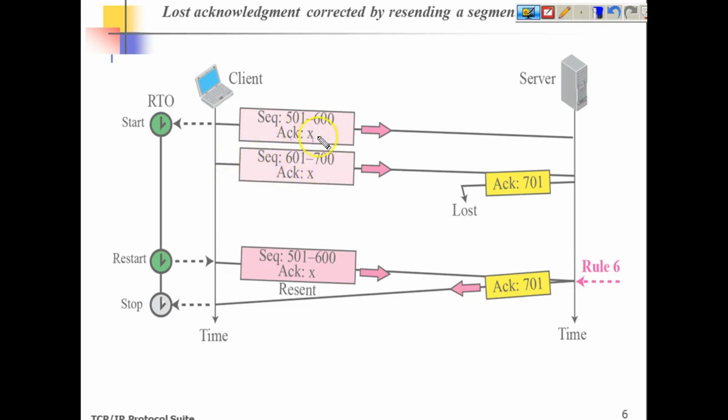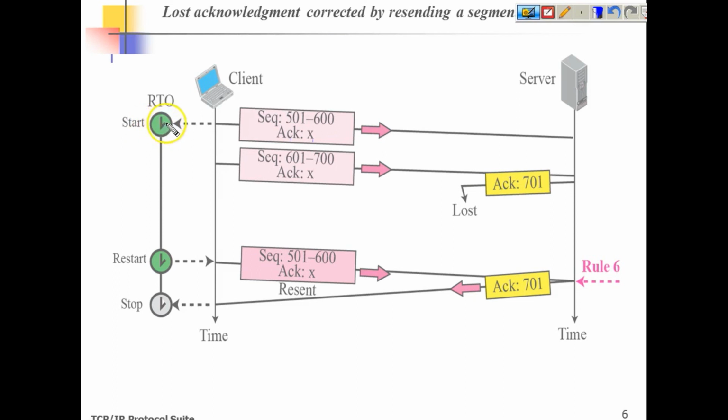Now two packets are delivered, and because of rule number 3, whenever two in-sequence packets reach the receiver, it needs to acknowledge. So it will send an acknowledgement, but this acknowledgement gets lost, and since it does not reach this side, the retransmission timeout will happen.